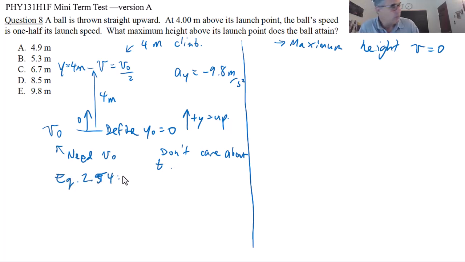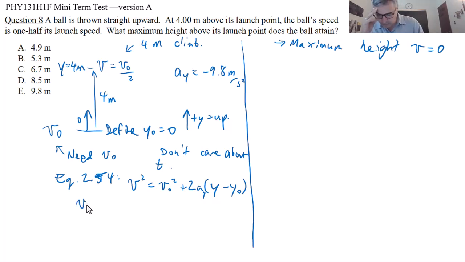2.54, which is that v squared is equal to v0 squared plus 2 times a times y minus y0. Again, I've replaced the x's with y's because we're doing vertical motion. We'll call this a sub y. And then we know that the final v is just equal to v0 over 2.